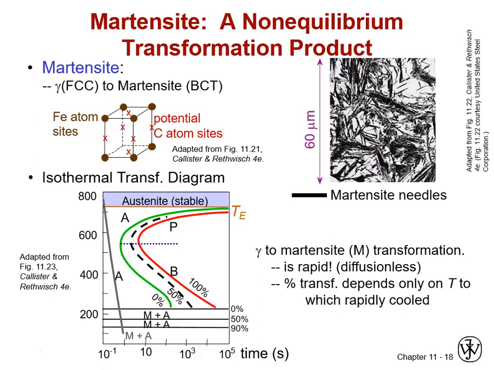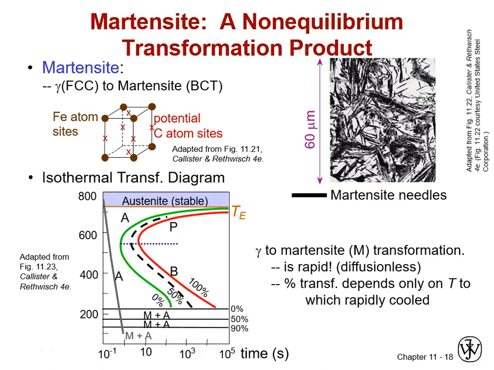You can have face-centered cubic iron that doesn't transform to body-centered tetragonal or body-centered cubic. That's known as retained austenite, and it is also unstable or metastable at room temperature. So retained austenite and martensite are the 2 metastable or non-equilibrium structures that we can get when we rapidly cool iron.